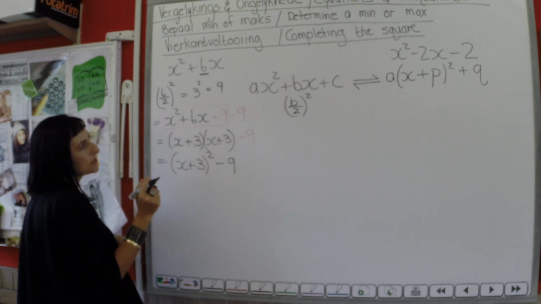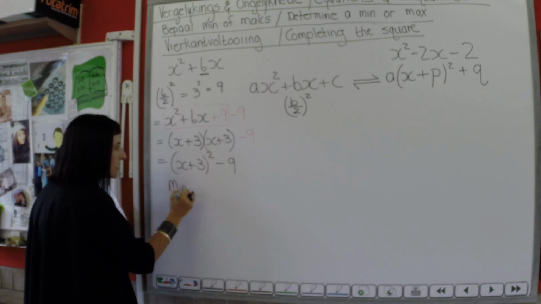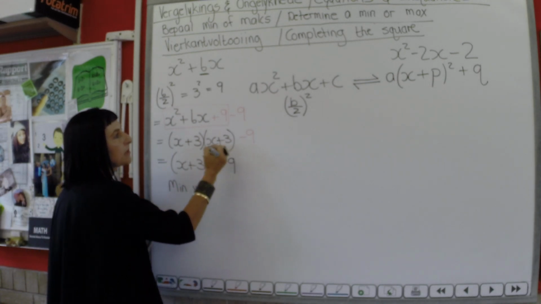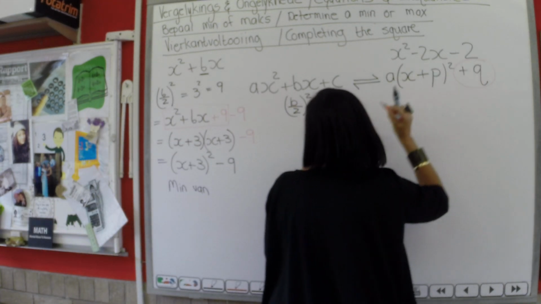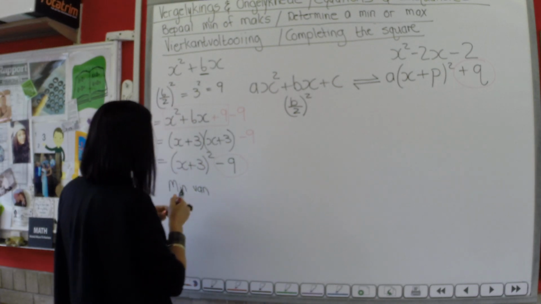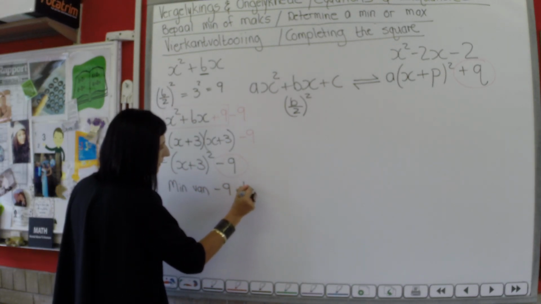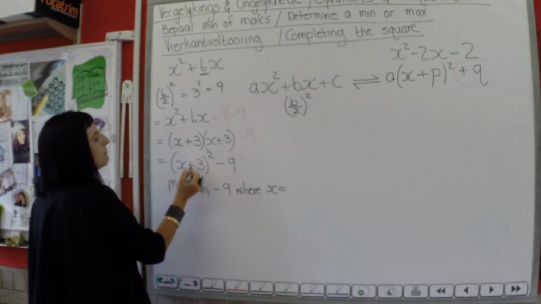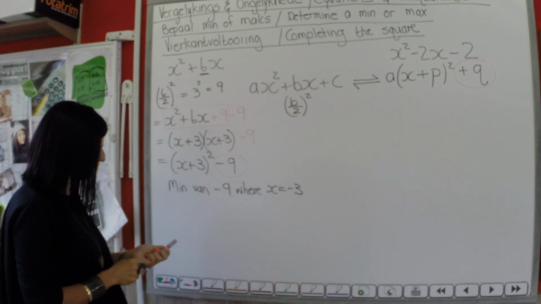So as A positief is, smiley face, dan het ek 'n minimum waarde van, waar kry ek die minimum waarde? My Q gedeelte is my minimum waarde, daar is hy, Q value, minimum value of minus 9, where x equals, and that's minus 3, because x equals minus b.